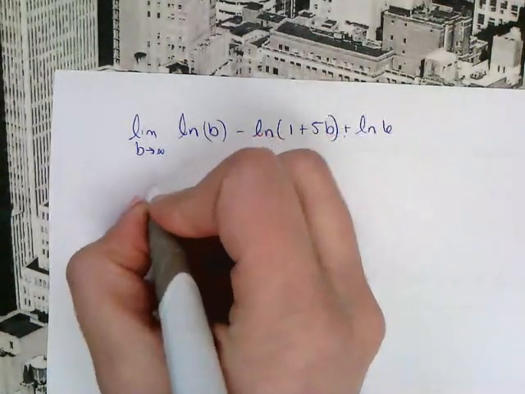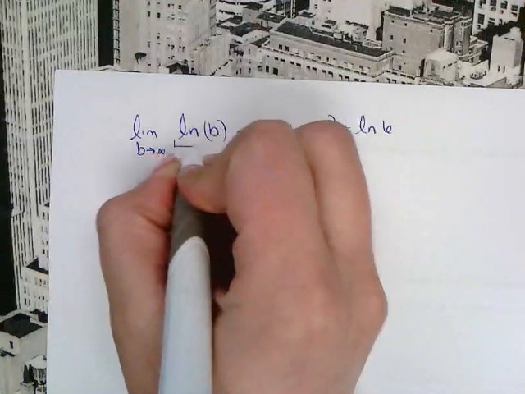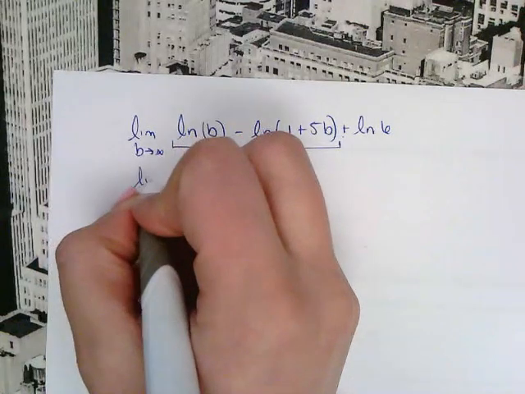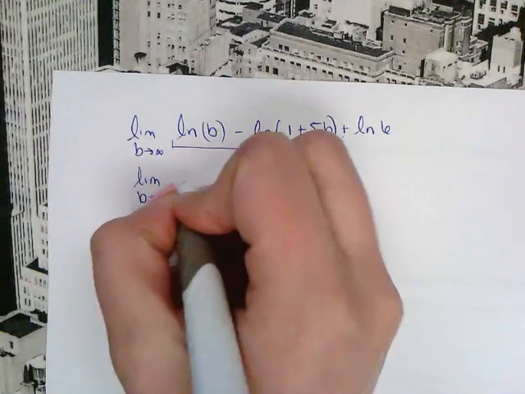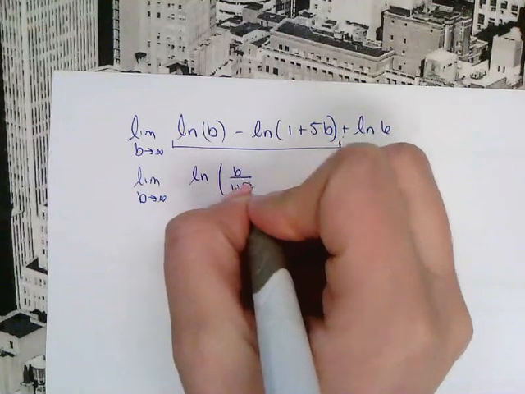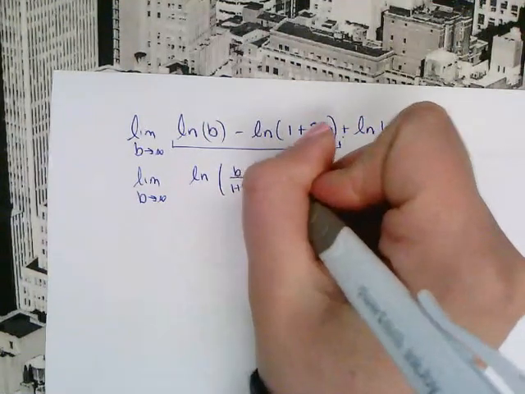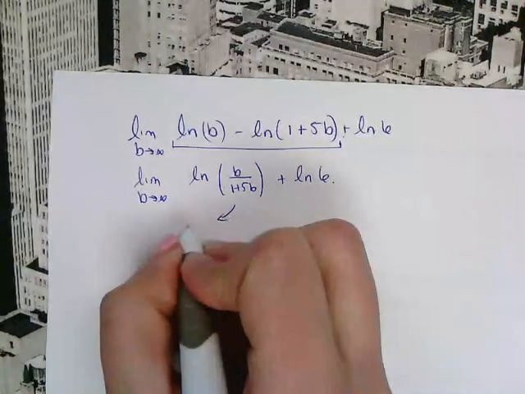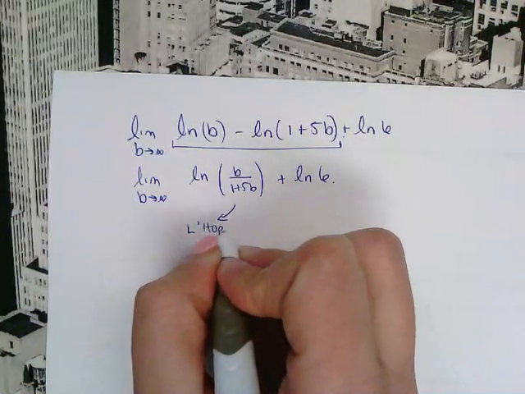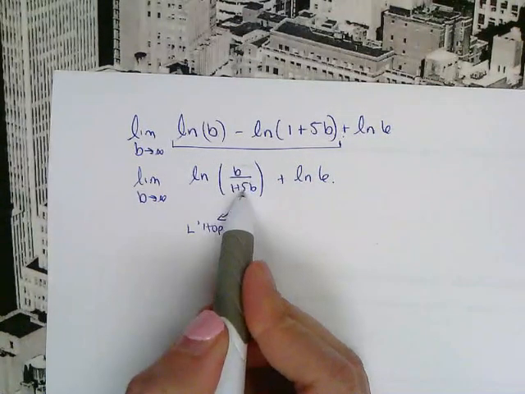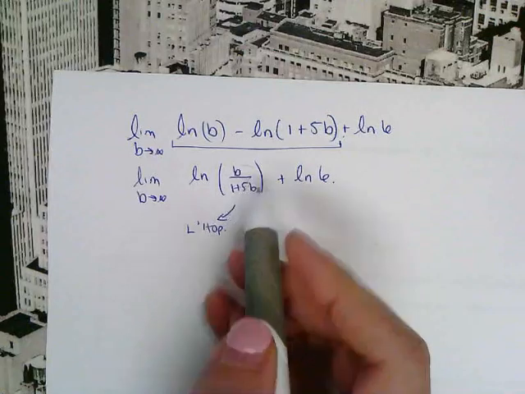Okay? And now what we can do is basically combine these two guys using the log division rules. So this becomes ln of b over 1 plus 5b plus ln of 6. Now I can use L'Hopital's rule because this is my indeterminate form, infinity over infinity. So find the derivative.